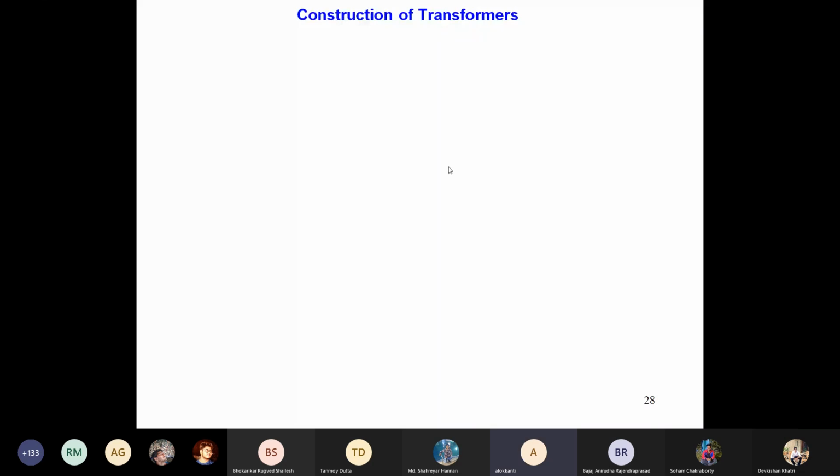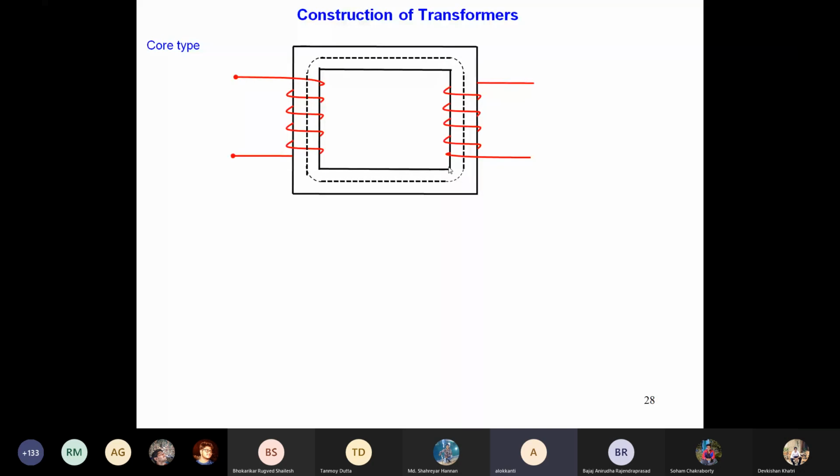Now, what we will do today is throw some light on how the transformers are constructed and how they look. As we have already told, this is one type of construction which is called the core type of construction. That is a single rectangular piece of iron on which, on the two limbs, there are different names to these parts also.